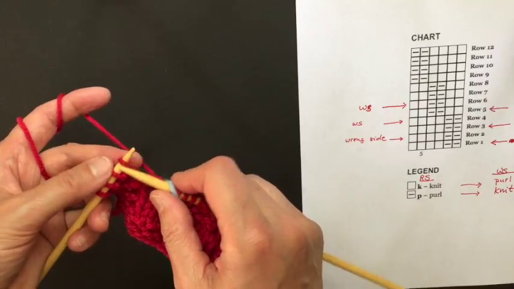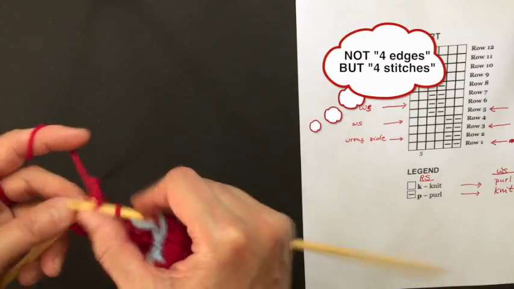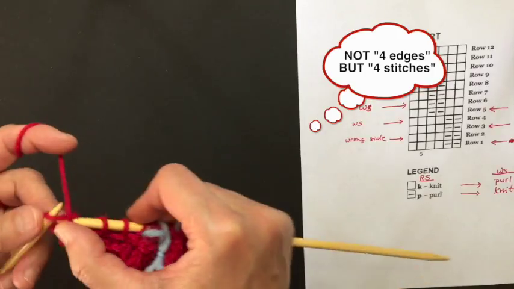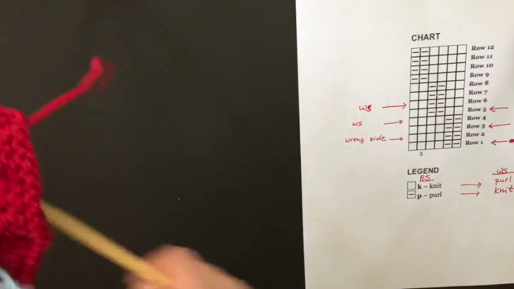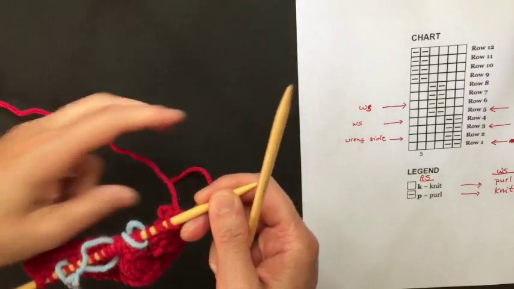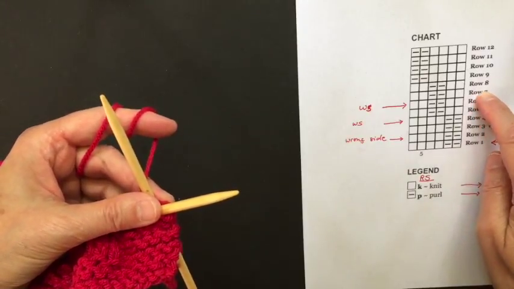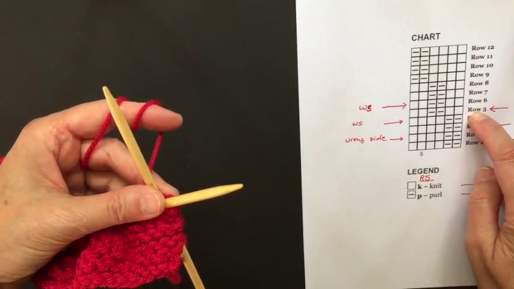And now actually I will knit my 4 edges again. So I'll knit them. Okay, and now we are going to be repeating row 5. We are on row 7, but row 7 is exactly like row 5.